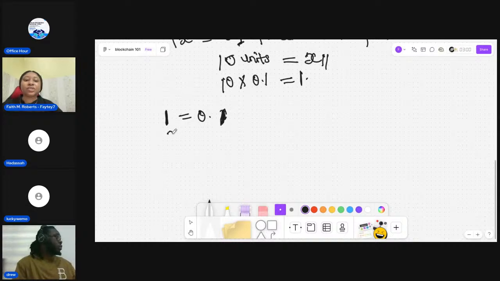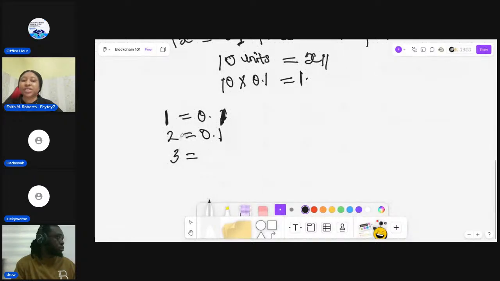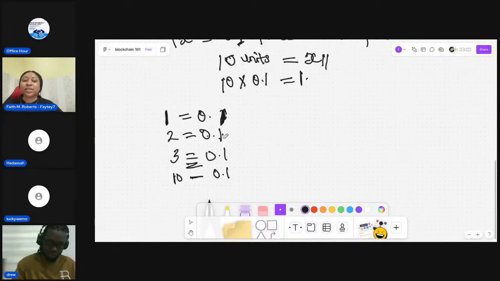When you use 2 units, it also deducts 0.1. Use up 3 units, for each of the units you use up, 0.1 keeps deducting. So when you have used up to 10, you add up all the 0.1s for each of the steps, and it will give you 1. So that is the breakdown, right?